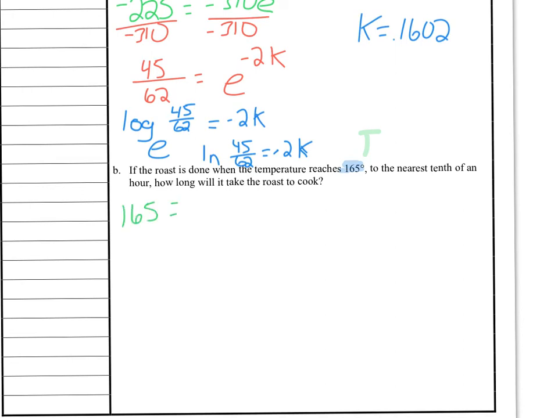It's still going to be the same T subscript A, which is 350, plus 40 minus 350. But this time it's e to the negative 0.1602, because that's k, times lowercase t, which is what we're looking for.